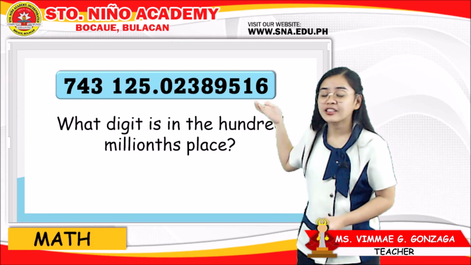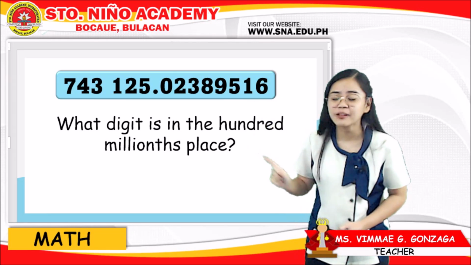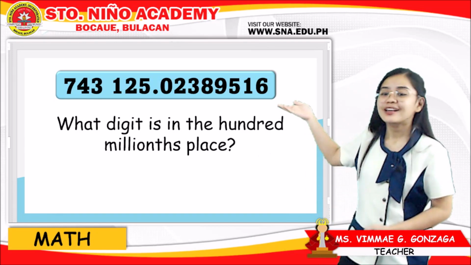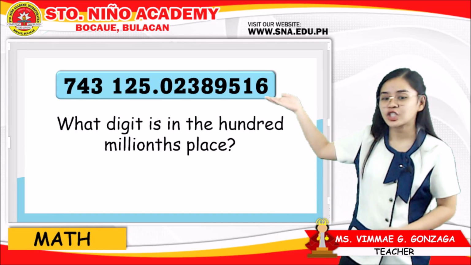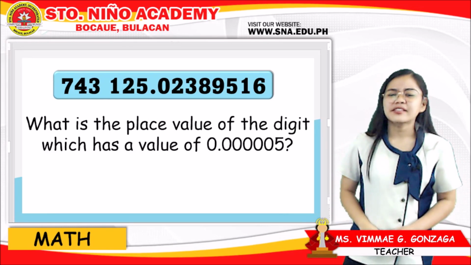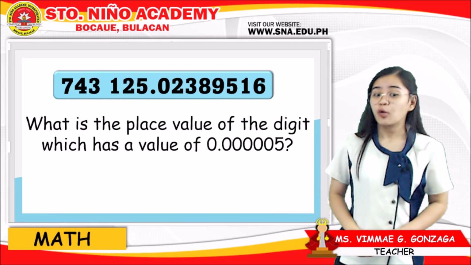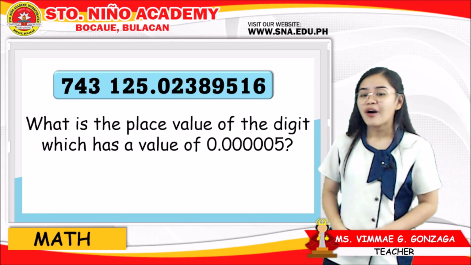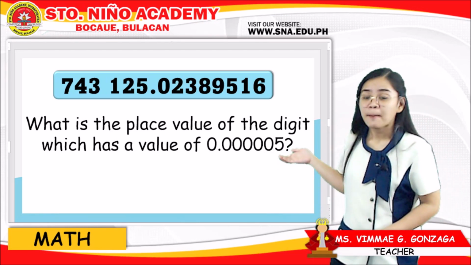So, meaning, ang digit po na nasa 100 millions place ay 6. Ito pong last digit natin. Next, what is the place value of the digit which has a value of 5 millions?